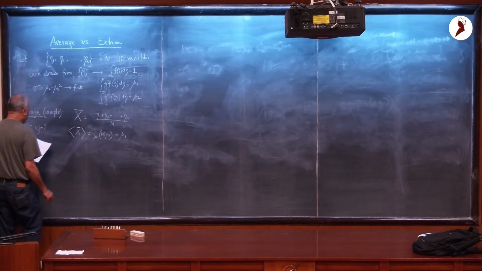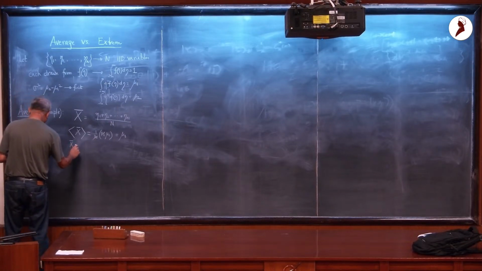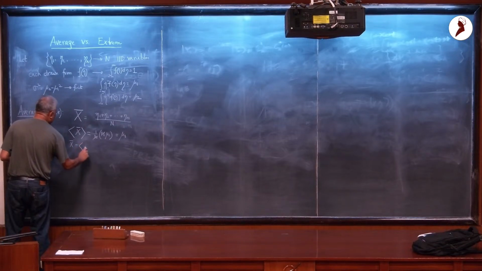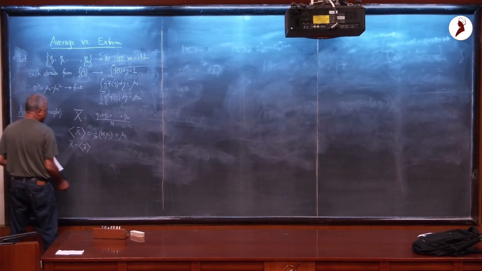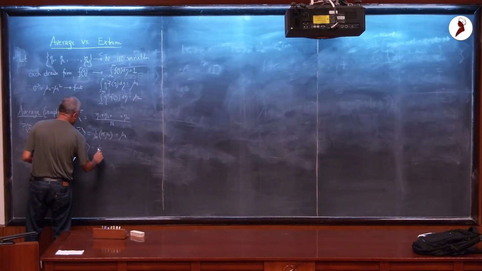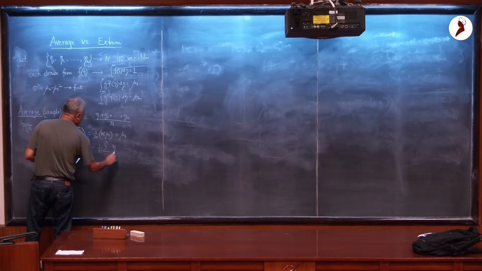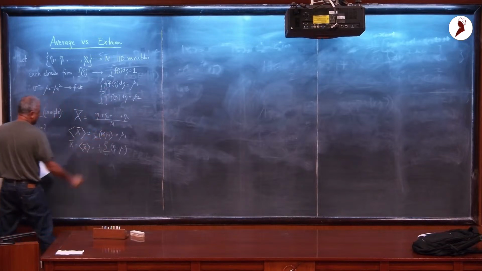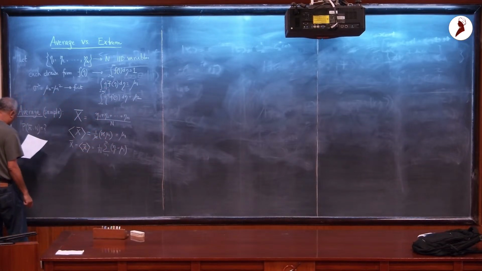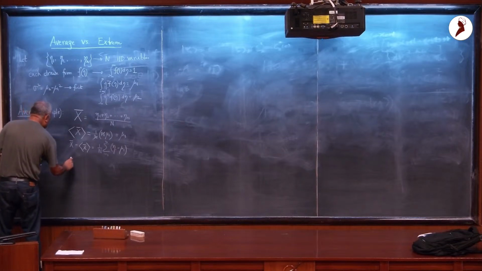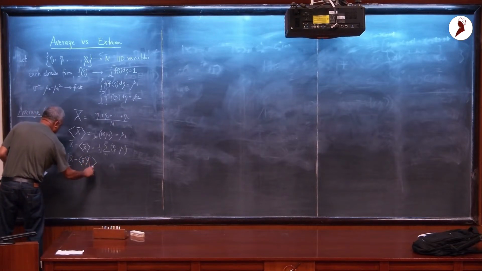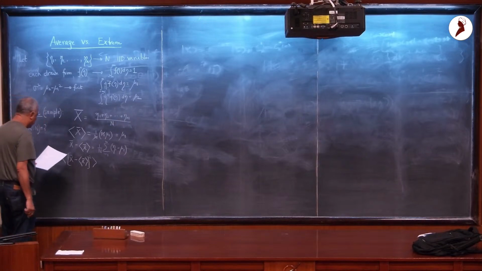If I calculate the variance, that means I look at the fluctuation from this average value. That will be 1 over n times the summation i equal to 1 to n, eta i minus mu1. So it's just the fluctuation of each variable. Now the variance is defined as this fluctuation from the average, squared, and then you take a statistical average of that.